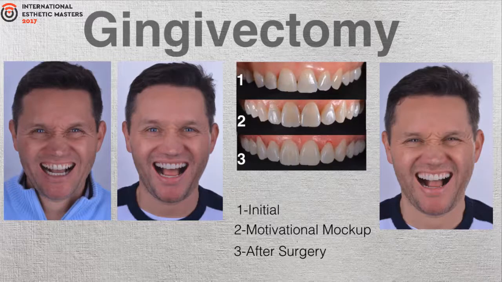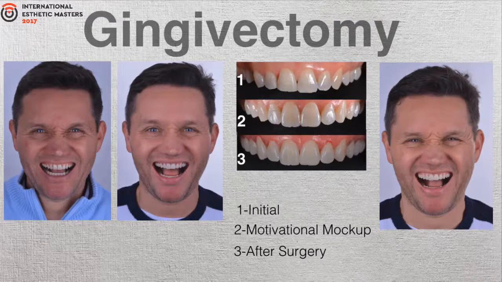You have your patient's initial scenario. You create the motivation mockup and show the precise outcome prediction to your patient. Then you can use the guideline because its contour will give you the exact surgical line.